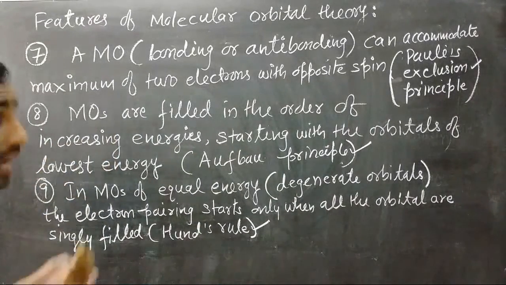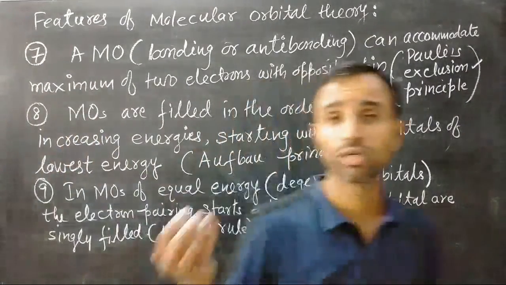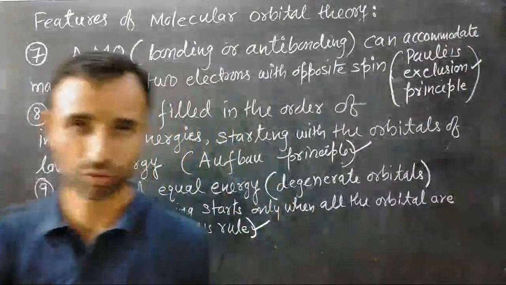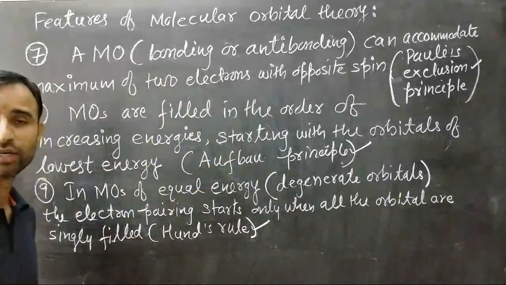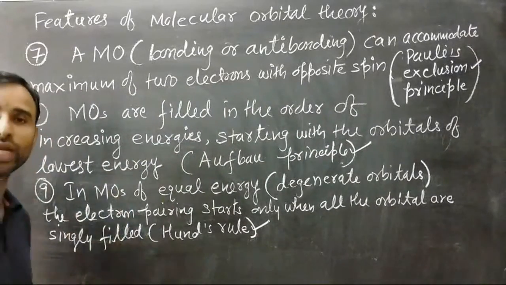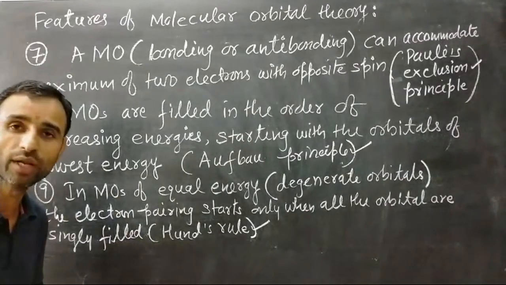These are the 9 features, you can say characteristics, postulates, whatever you want to say, of molecular orbital theory.